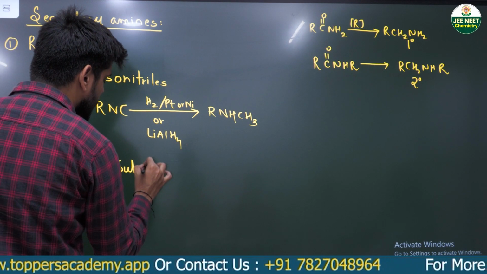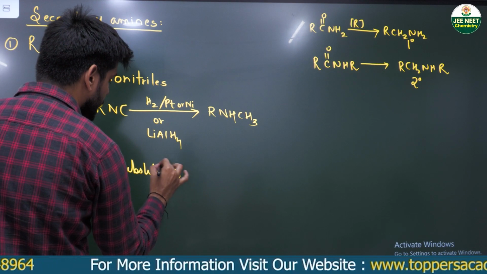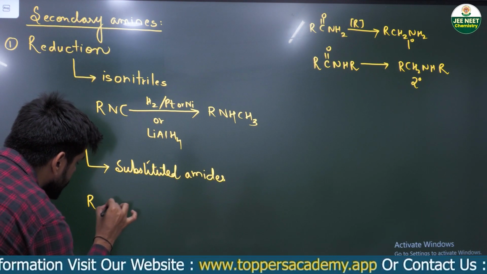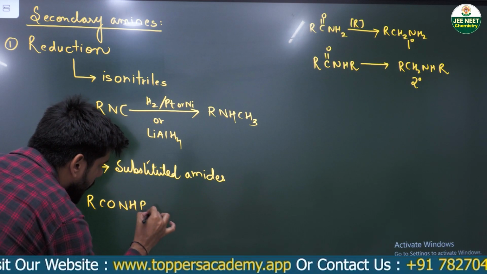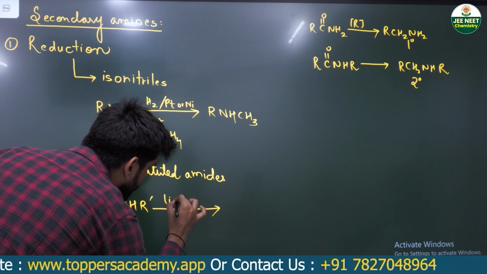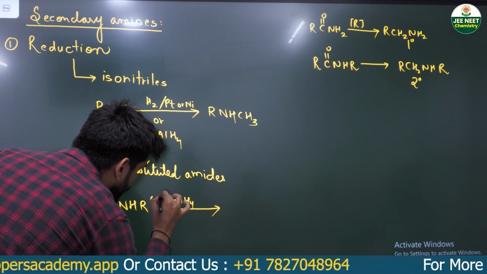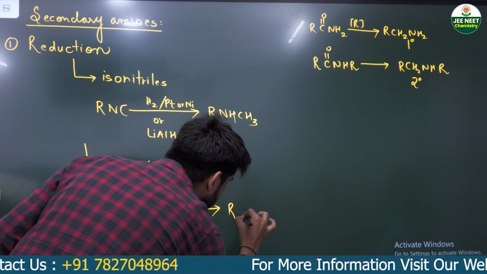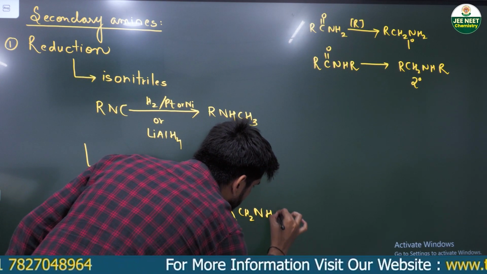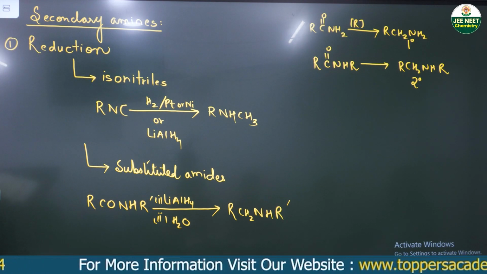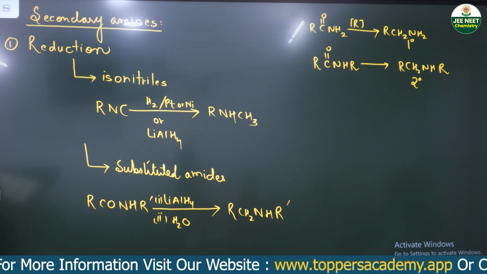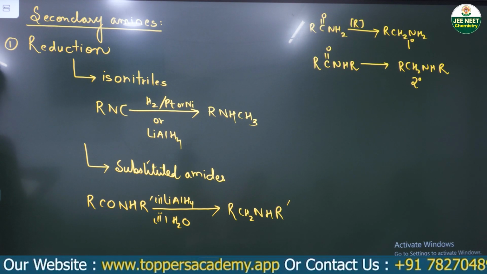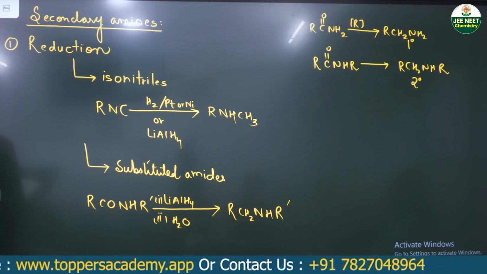Like for example, if you have RCONHR', and you perform the reduction of this, what do you get? RCH2NHR', a 2 degree amine. Is that clear?